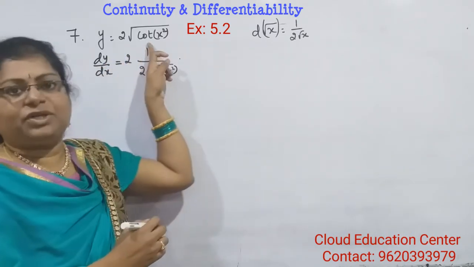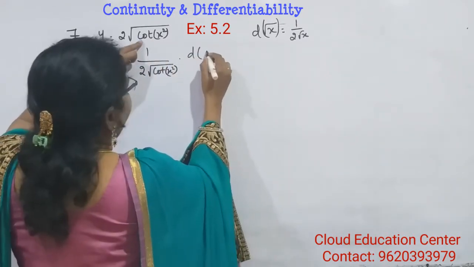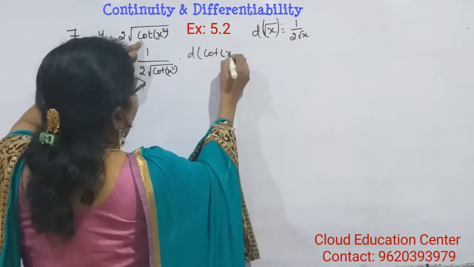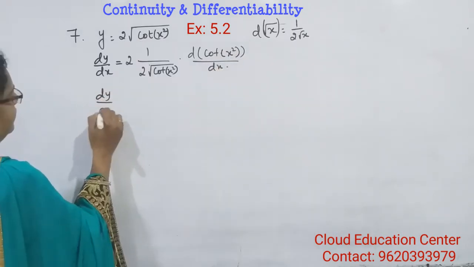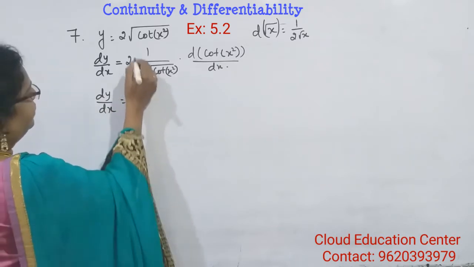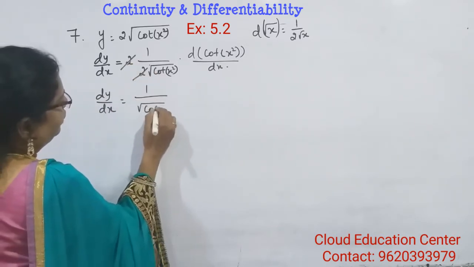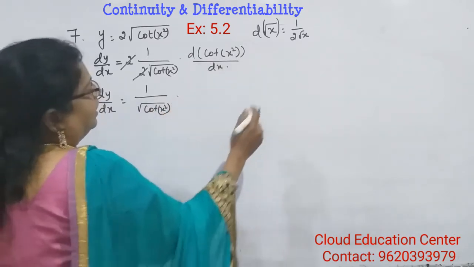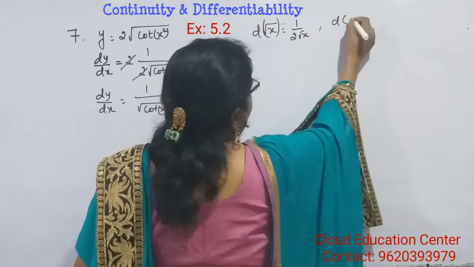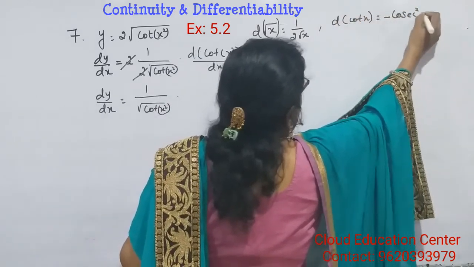Next we have to differentiate the cot. So the chain rule comes here, root we completed. Now we have to differentiate cot. dy by dx equal to, this 2 will get cancelled. Now 1 divided by root of cot x square will be there into the derivative of cot. Differentiation of cot x is minus cosecant square x.